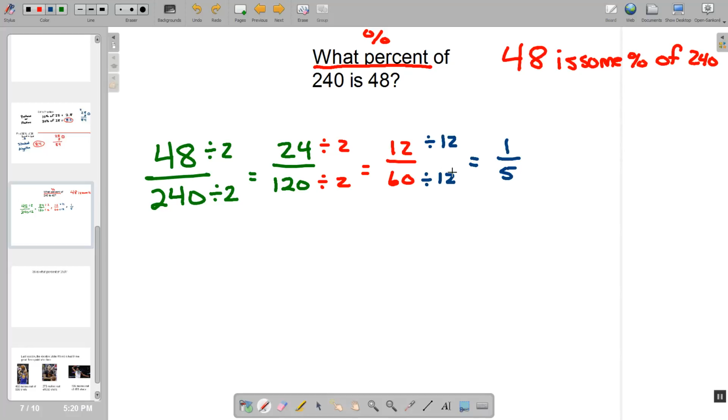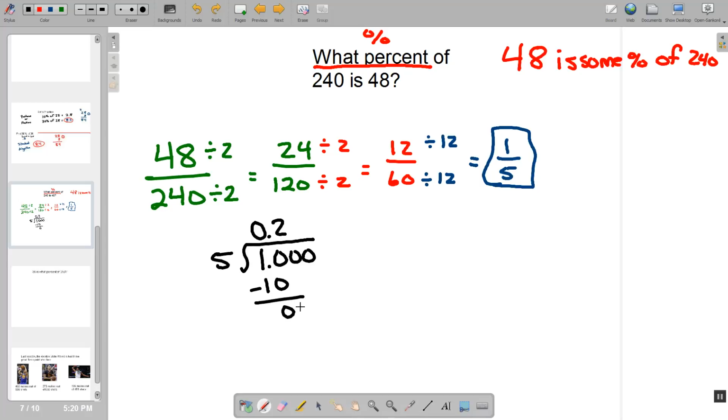Now, from 1/5, we have two ways to turn this into a percentage. The first way is long division. This is not the fastest strategy, but it definitely works. There is a 0 here, which means I go to the 10. That's going to be 2.